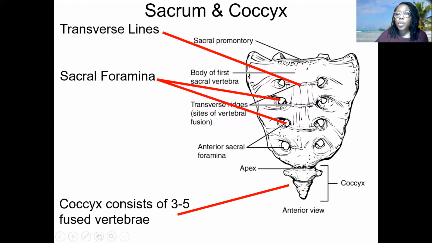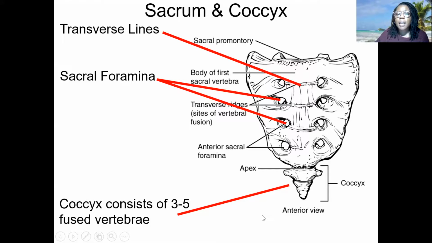So just lines showing where they were fused. Then we have the sacral foramina, which are openings on either side of the transverse lines. And these again are small openings or perforations which allow the passage of some of the terminal fibers of the spinal cord, okay?